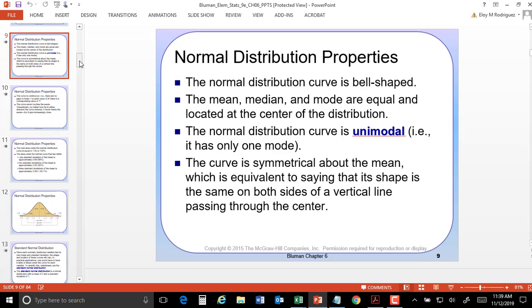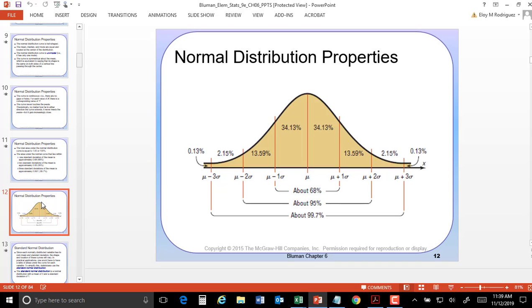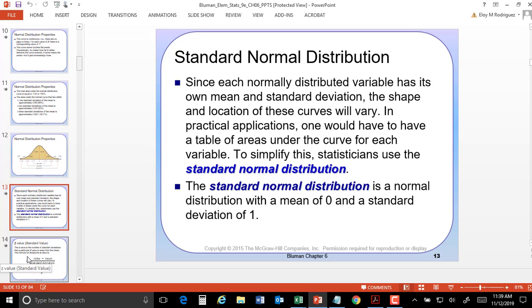We can see that plus and minus 1 deviation from mu, just 1 deviation plus and 1 deviation minus, contains 68% of all observations in a bell curve. Well, that's nice. Now we have the standard normal distribution.